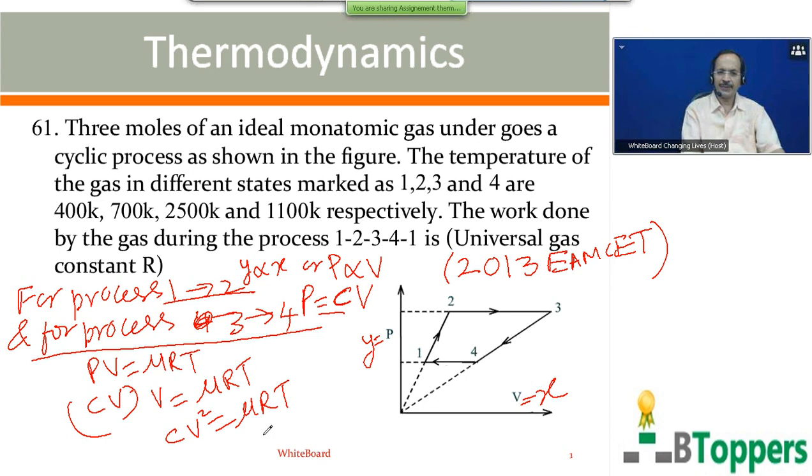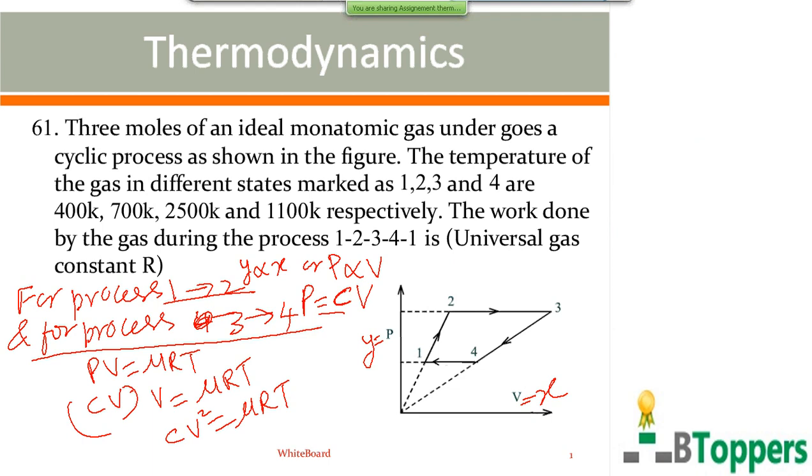In general, work done by the gas in any process is given by integral PdV. That is, work done by a fixed mass of an ideal gas when its volume changes is given by integral PdV from Vi to Vf, where Vi represents the initial volume and Vf is the final volume.